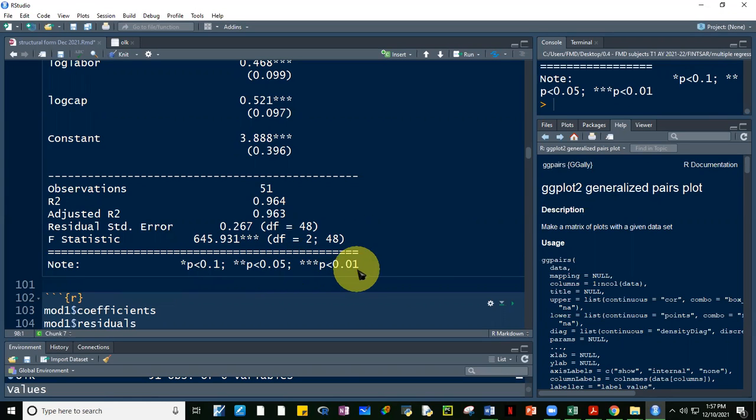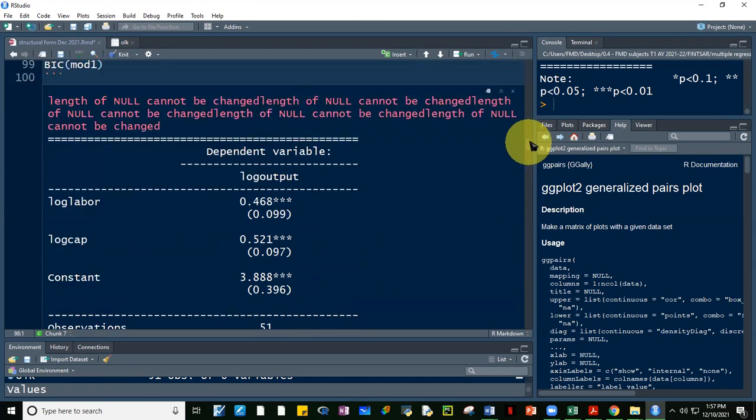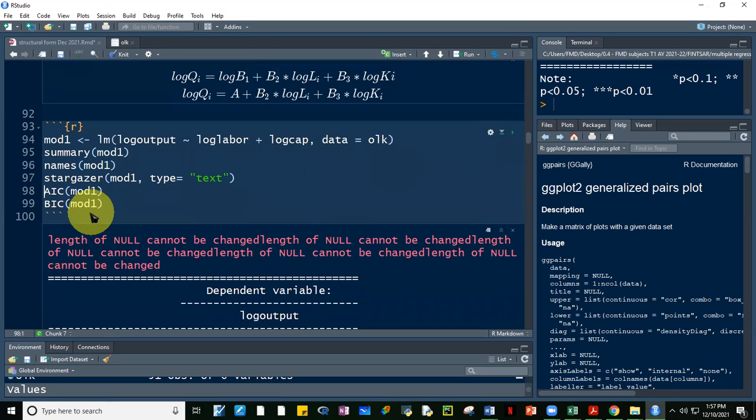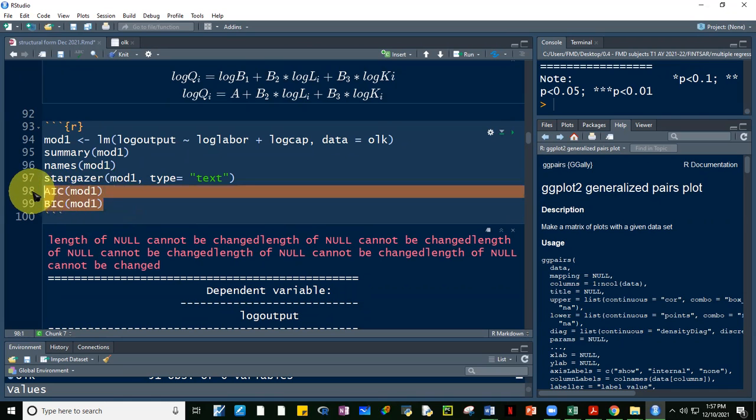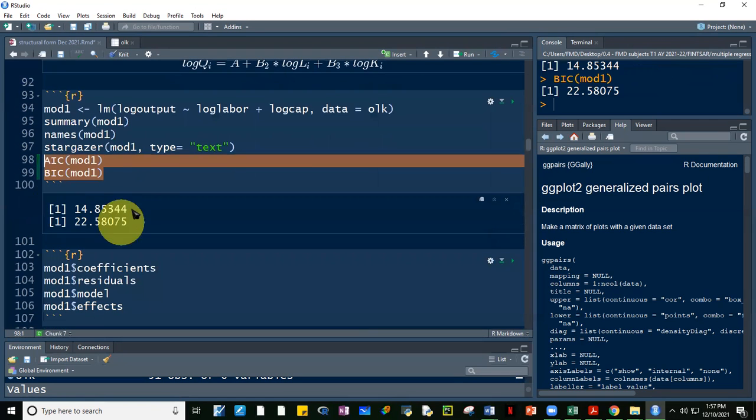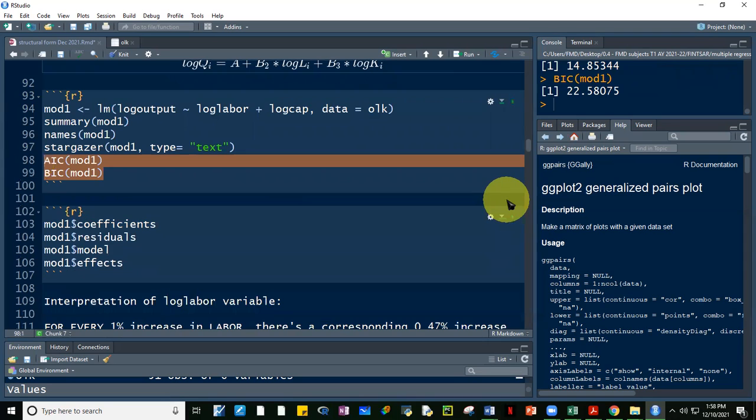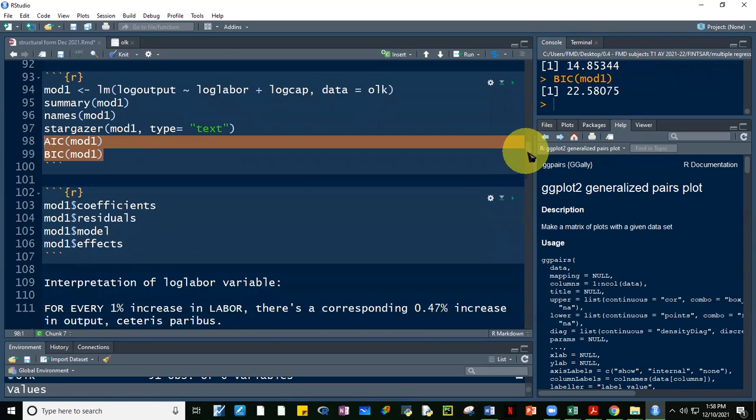So pag tatlong stars, significant at 0.01. Okay, so that's from the Stargazer function. And of course, we can get the AIC and BIC. Kunin lang natin to. Okay, 14.85 at saka 22.58. And again, guys, this doesn't mean anything unless we compare it with another model.